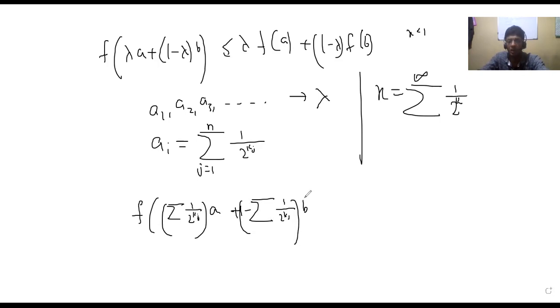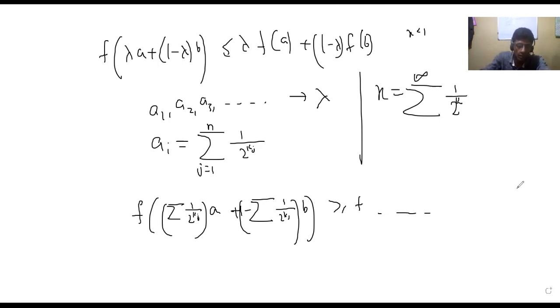You have to use midpoint convexity, which is only given for (a plus b) by 2, and show that you can use that to prove this. Okay, you can write the rest. So from midpoint convexity you have to prove this, and then because these are dense, you can take the limit as a_i goes to lambda.